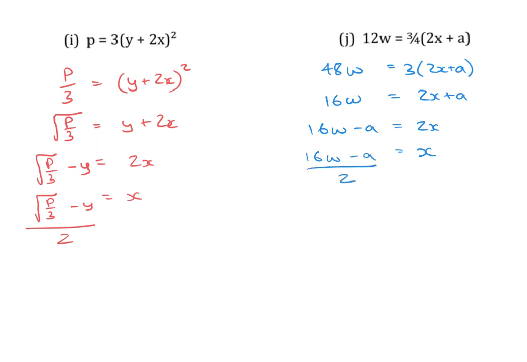Now you could, if you wanted to, go to another stage and say, well, let's make that a little bit easier, and we'll do the 16w divided by 2, which is 8w, and then we just have a half a, or a over 2. To be honest, either answer is correct. They both have isolated x. Probably the last one is a simpler one to actually consider.